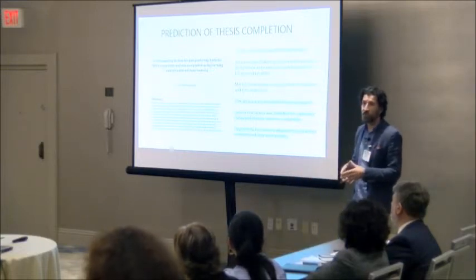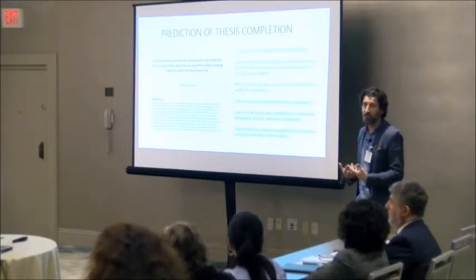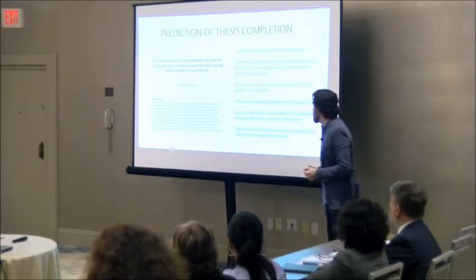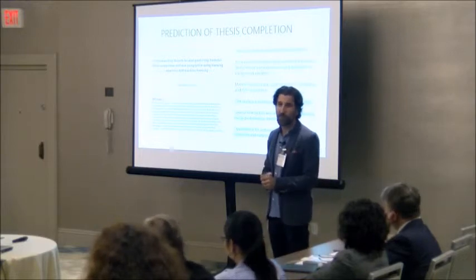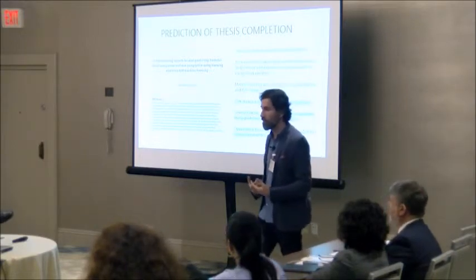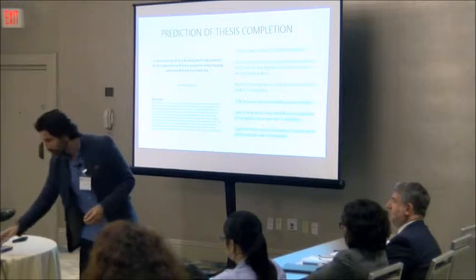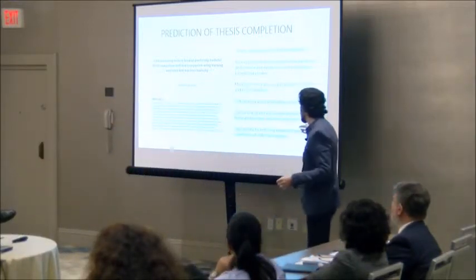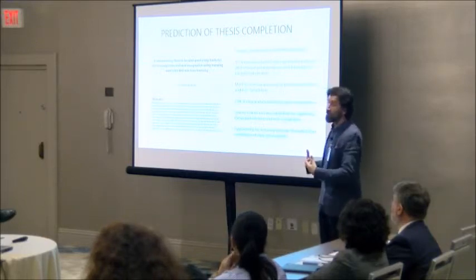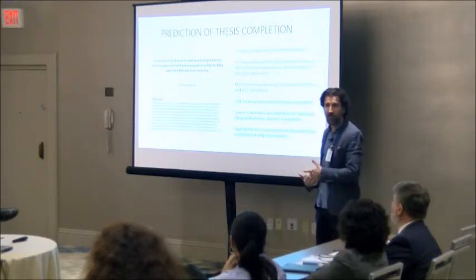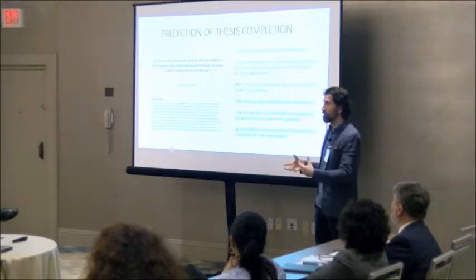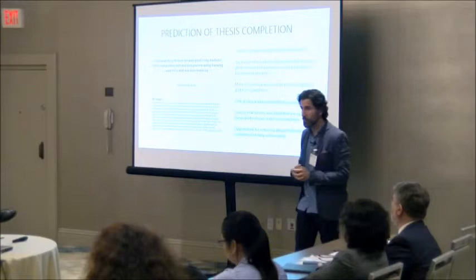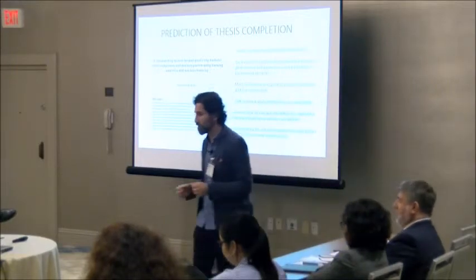And this again is not a perfect accuracy, but it's better than what we can do with our brains. And we could identify several factors that could explain thesis performance that have not been reported earlier when researchers have looked at students' thesis performance.